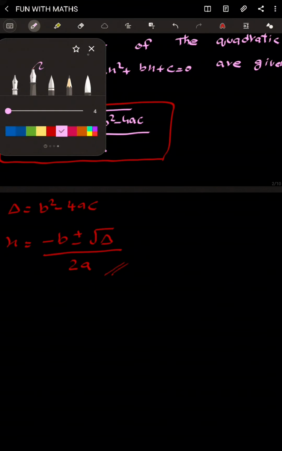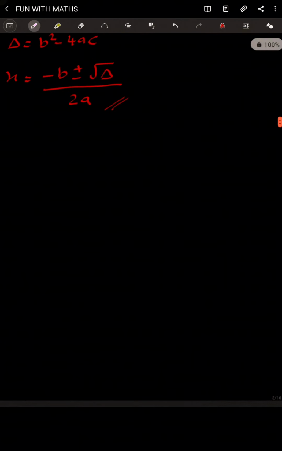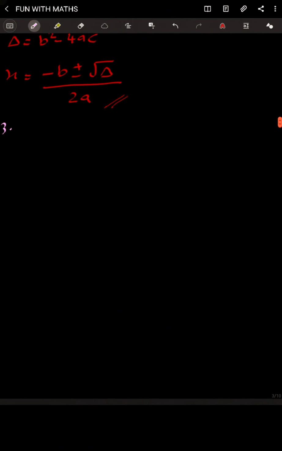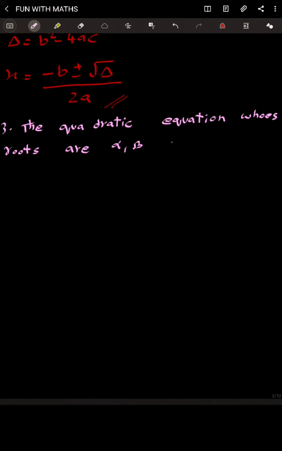So moving on to the next one, the quadratic equation whose roots are alpha, beta is x square minus (alpha plus beta) x plus alpha beta.